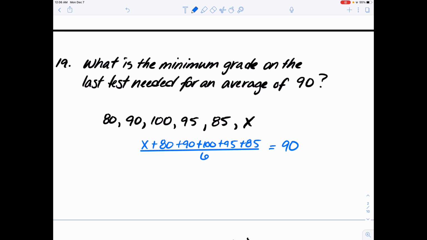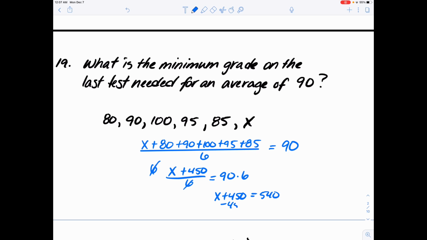Now I'm going to use algebra just like I did before. 80 plus 90 plus 100 plus 95 plus 85 is 450, all divided by 6 is equal to 90. We have to get rid of that divided by 6. We'll do that by multiplying both sides by 6, leaving me with x plus 450 is equal to 90 times 6, which is 540.